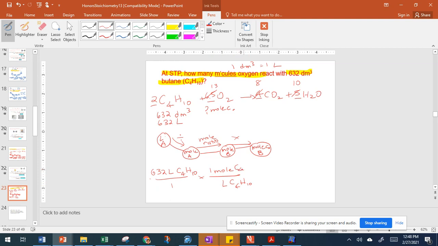We do not use our coefficient from our balanced equation. Molar volume is 22.4. Now we're at moles of C4H10. So our denominator is going to have to be moles C4H10. Our numerator will have to be the moles of O2, because that's what we're looking for. That's our B.